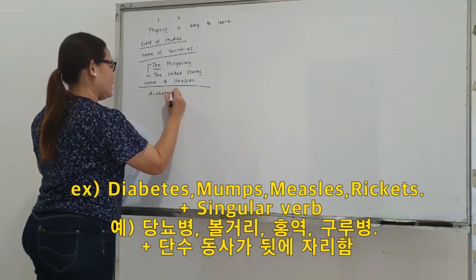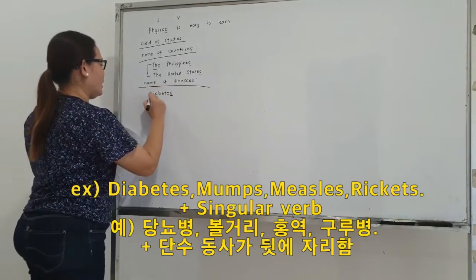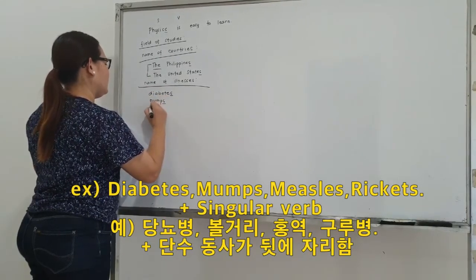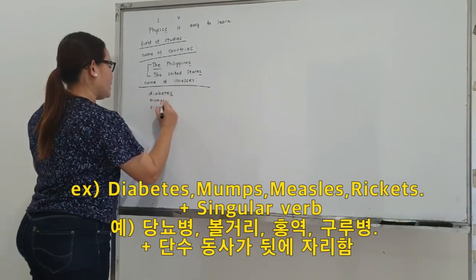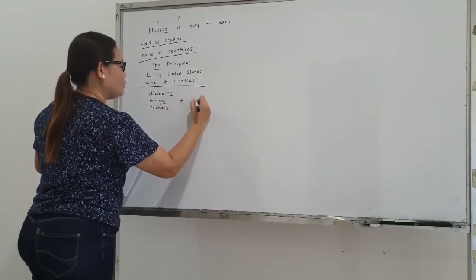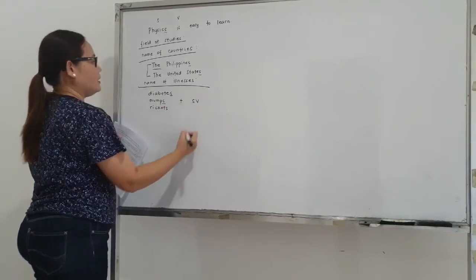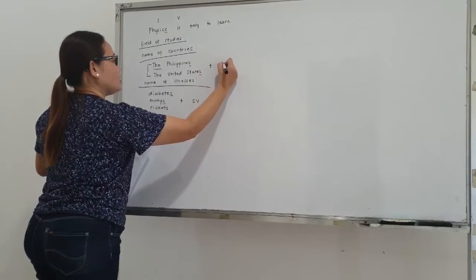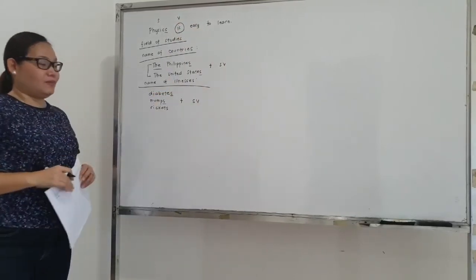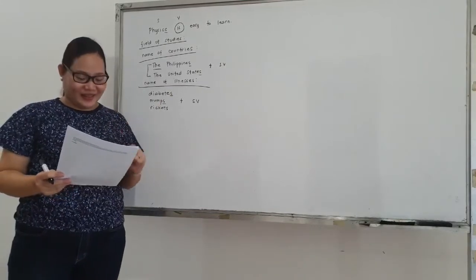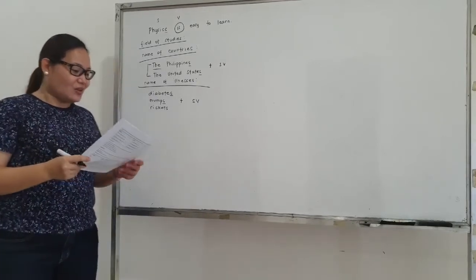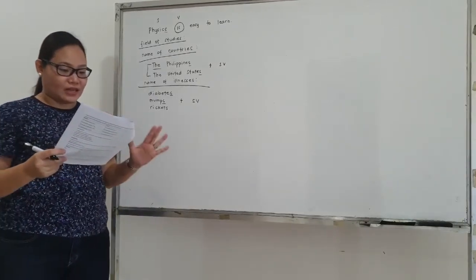The same thing, it ends with s, or the word mumps, rickets. These are immediately followed by a singular verb, as in my example. Got it? It sounds a little bit easy now, so I will proceed with the next one.